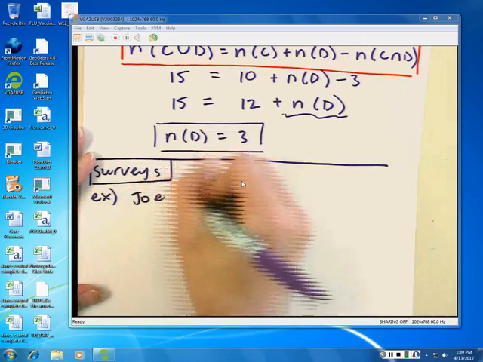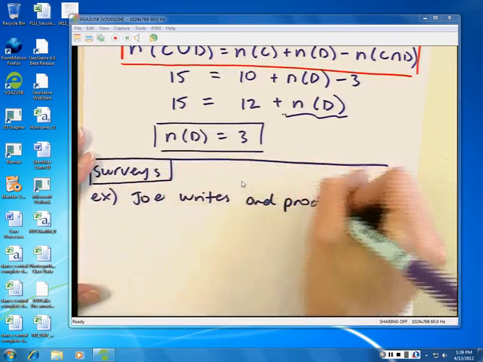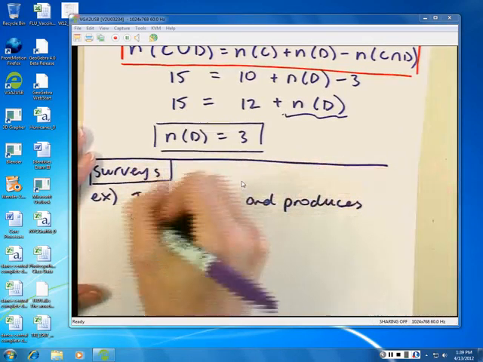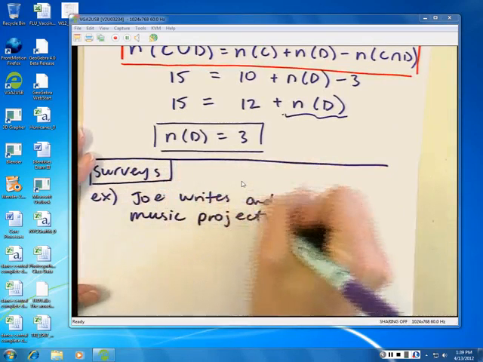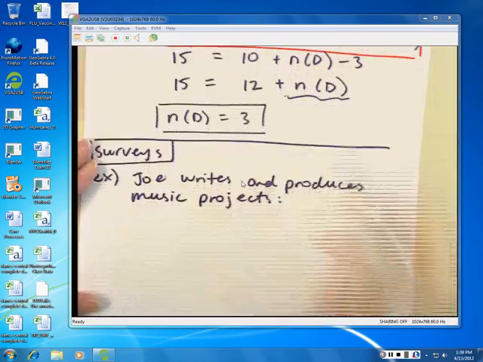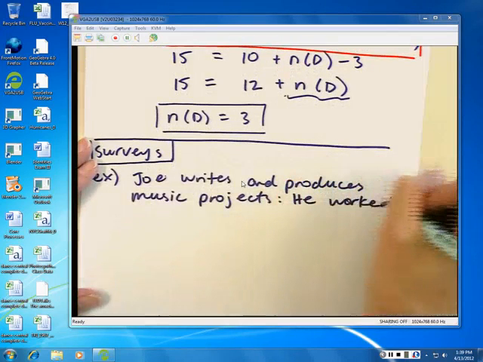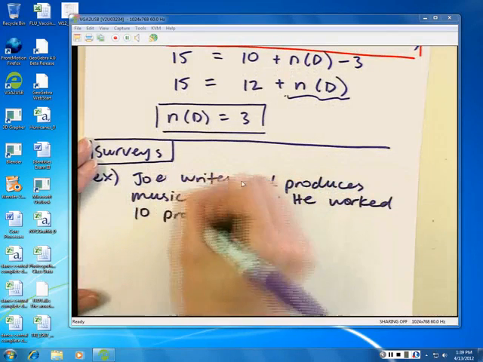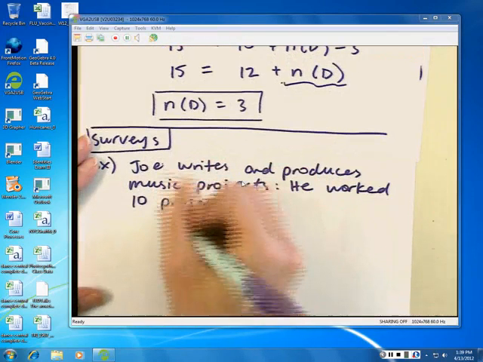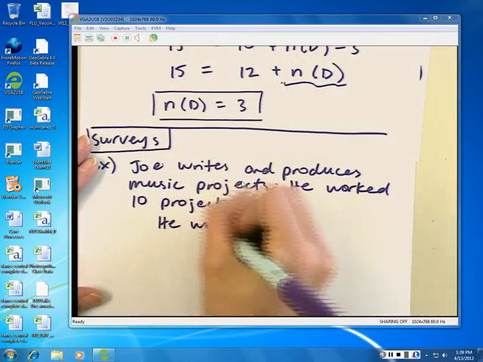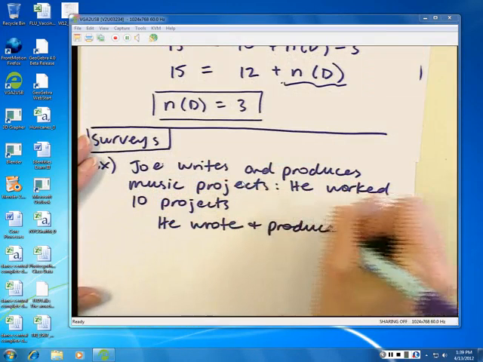Okay, so Joe writes and produces music projects. He worked 10 projects. Of the 10 projects, he wrote and produced 2.